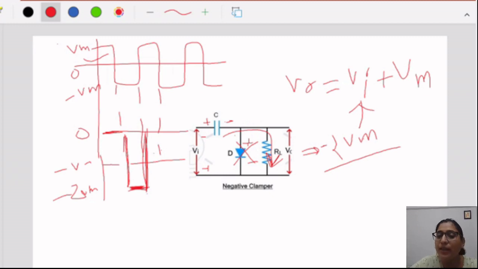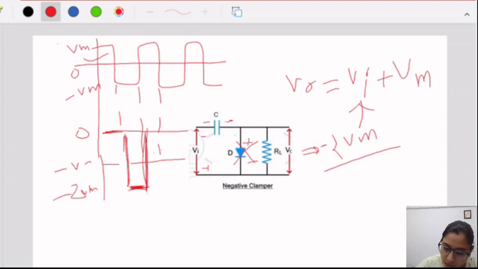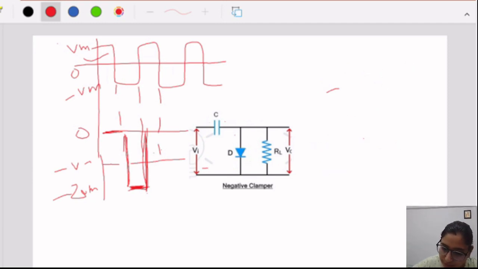Now what will happen in the third cycle or second positive cycle? Let us see, again discuss the polarity. This is positive, this is negative. Now this capacitor is empty. Why so? Because it has already given its charge to this. This is 2 Vm. So it is empty now.